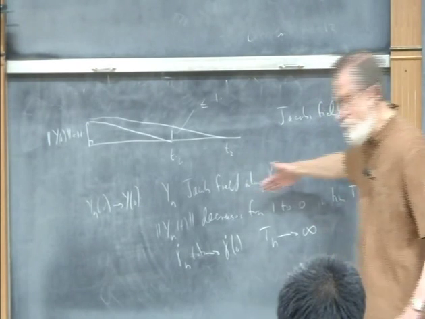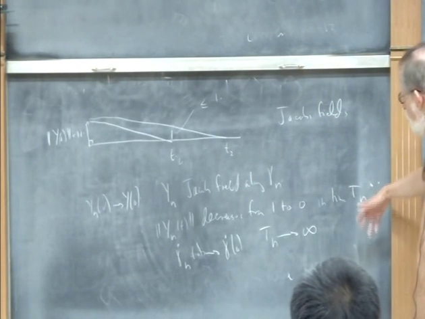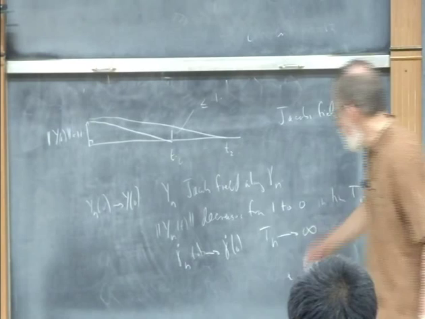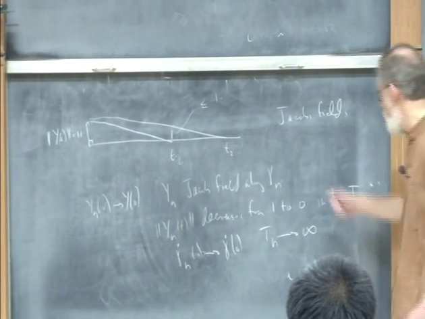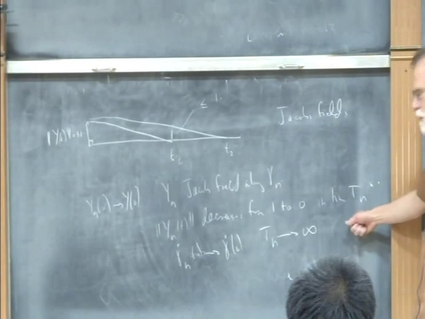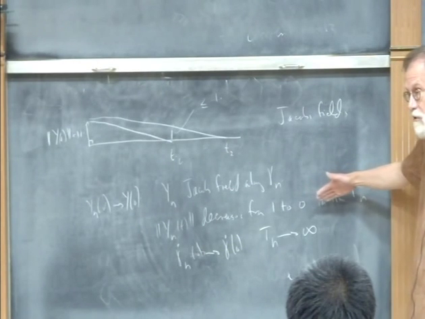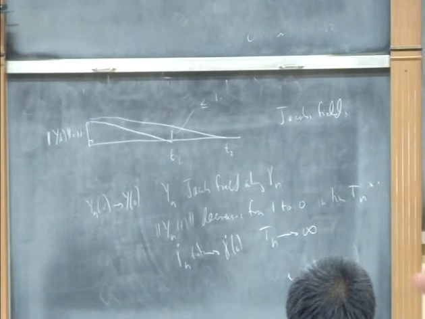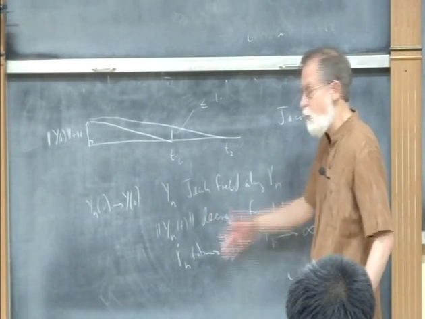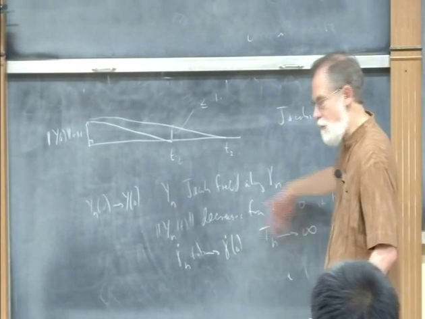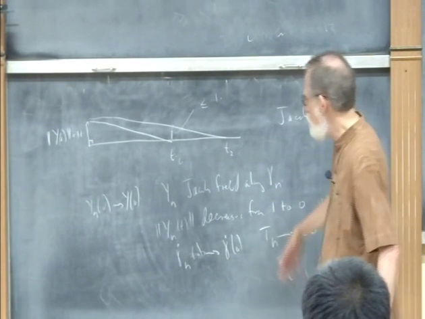So you're going to get a limiting Jacobi field, and this limiting Jacobi field is going to start off with length 1, and its length is going to be non-increasing. And that will have to mean that this limiting Jacobi field actually decreases exponentially in length.